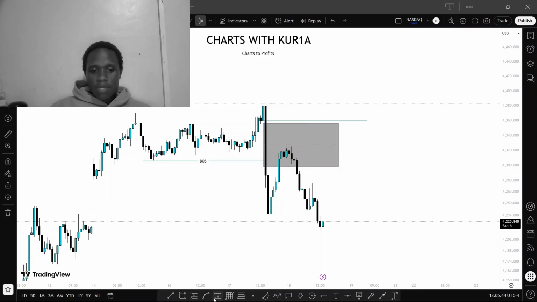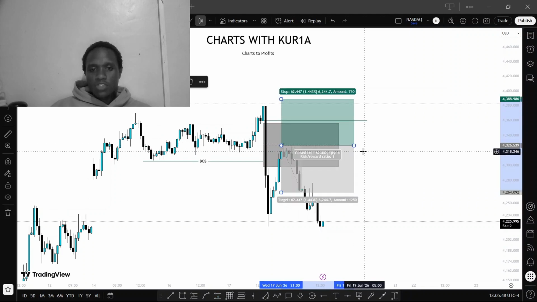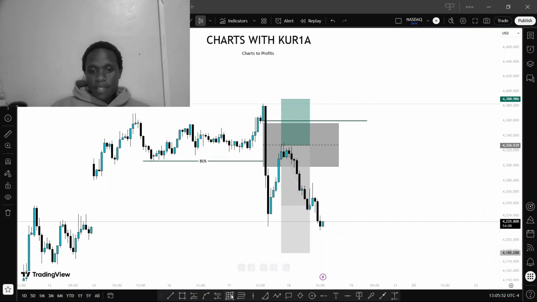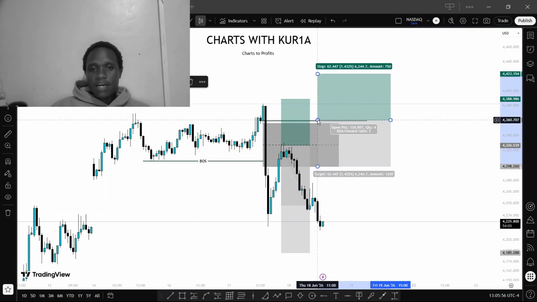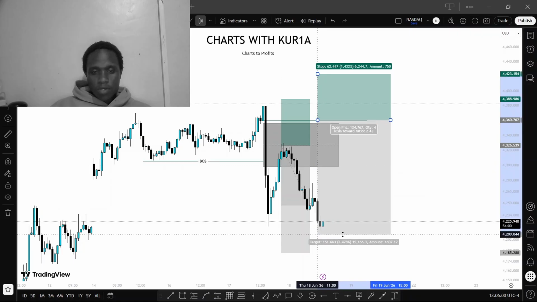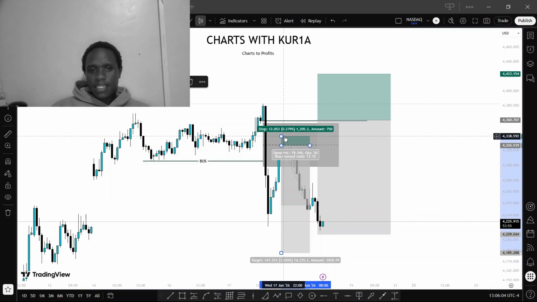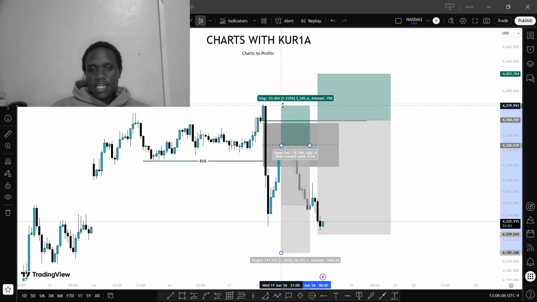Basically, I could have two positions. I could have this one as my first position, and if that is invalidated, I will have another position right here. So maybe a stop loss of something like that. Basically, that's how I trade.